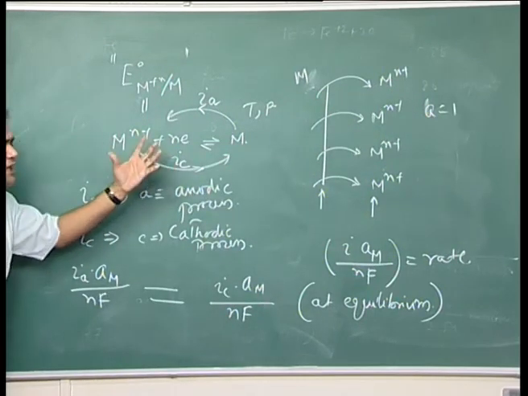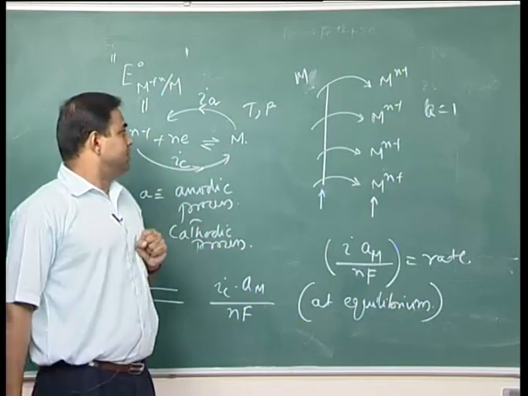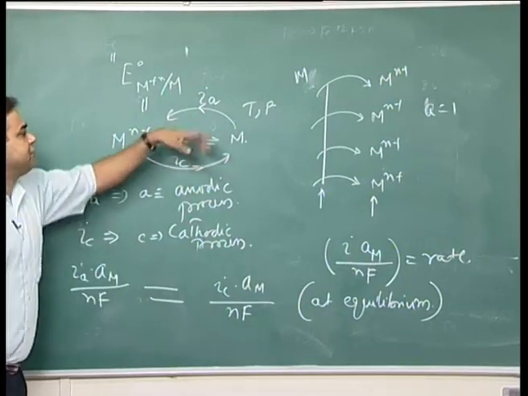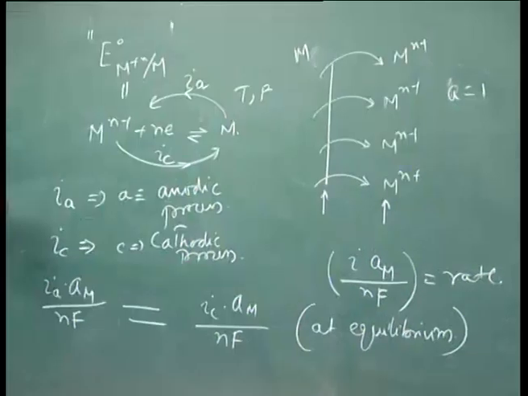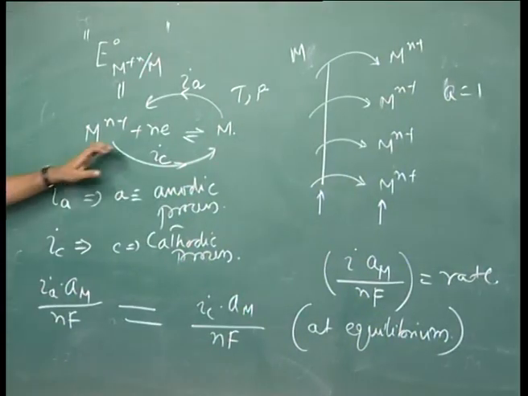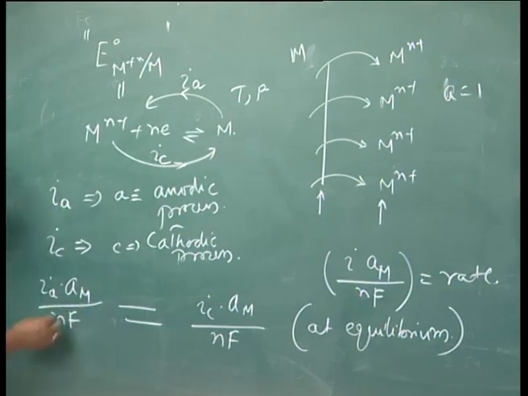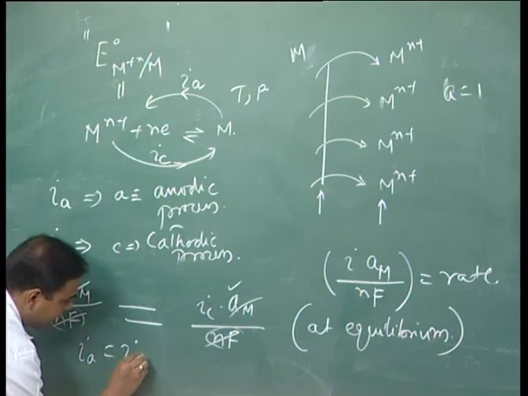It is something like a non-corroding system, because the rate at which metal ion is forming, at the same rate metal ion is also getting deposited. So it is a kind of non-corroding and reversible system. In that case both values are the same, and these two get cancelled at equilibrium. So I_A equals I_C.